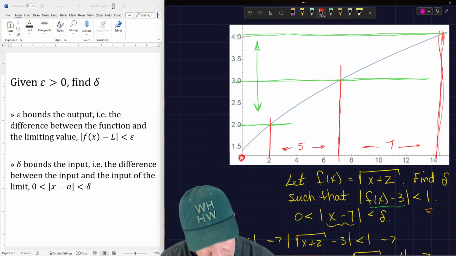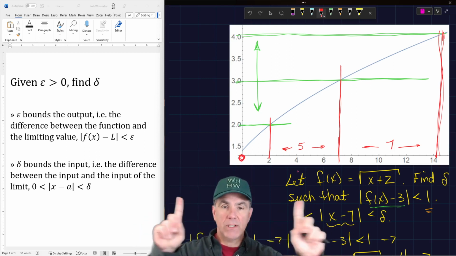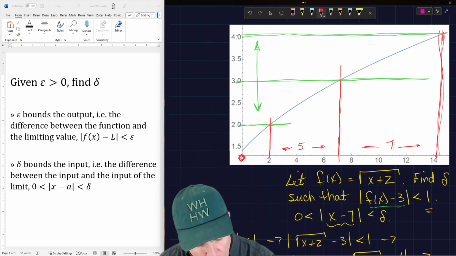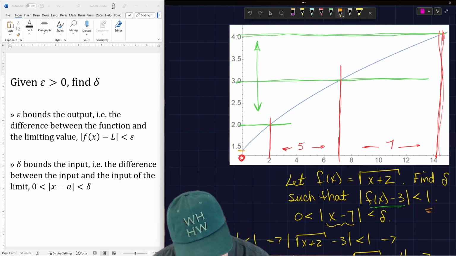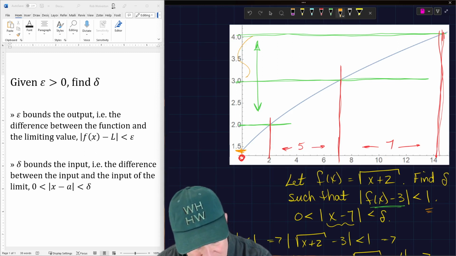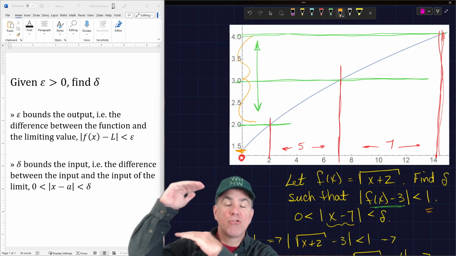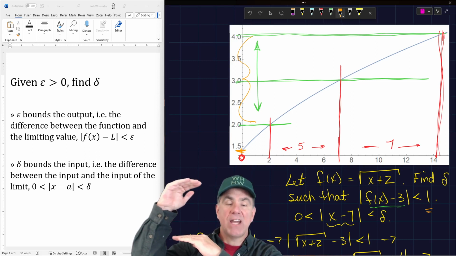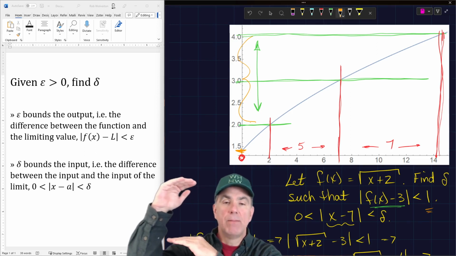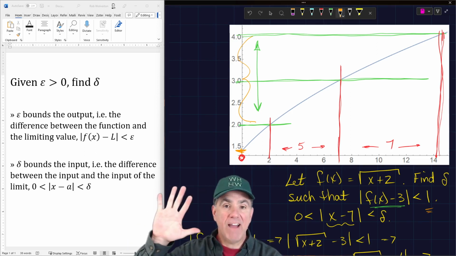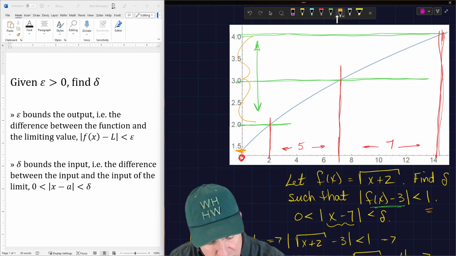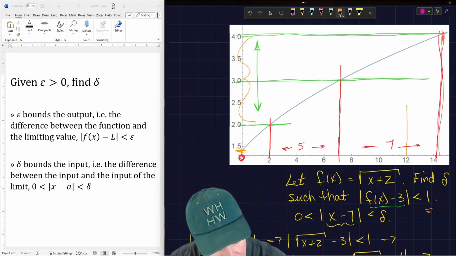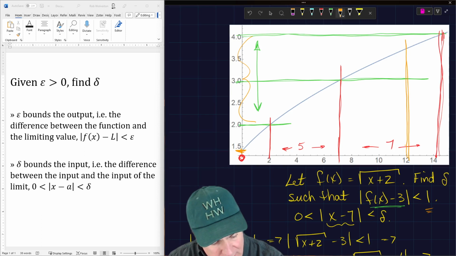But if I include 0 in my range of inputs, what does that mean about my output value? Well, the output value is here for an input at 0. But that output value is outside of my restricted set of outputs. So I can't allow that to happen. That's why I pick the minimum delta value. I pick the 5 because if I restrict to 5 up here, that's no problem.